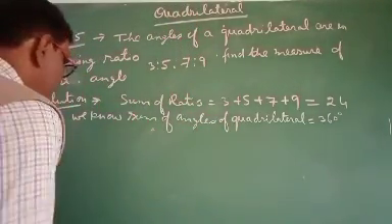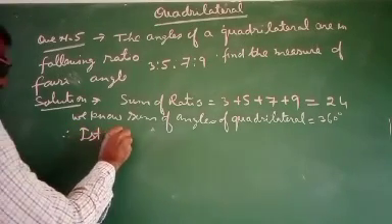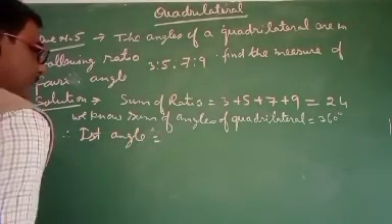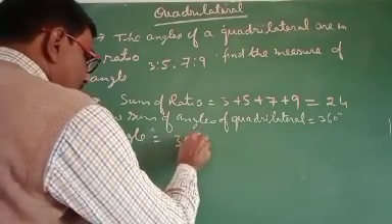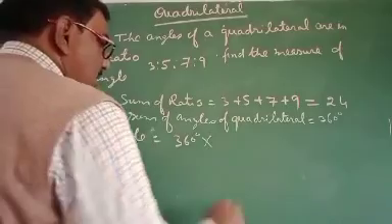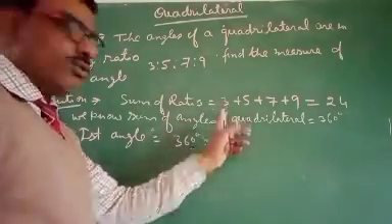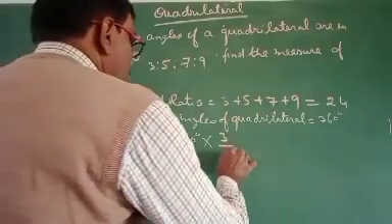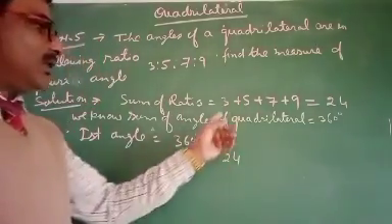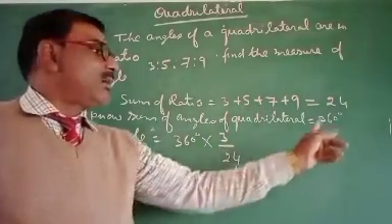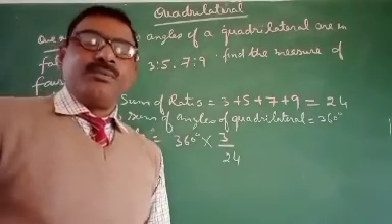Therefore the first angle equals 360 degree multiplied by 3 upon 24, because the ratio of the first angle is 3 and the sum of ratio is 24.